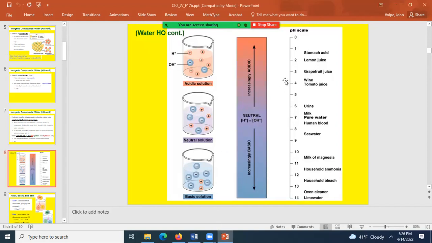Anyways, here's the pH scale. It ranges from a pH of 0 to a pH of 14. I mentioned that pH 7 is when the H plus concentration in water equals the OH minus concentration in water.